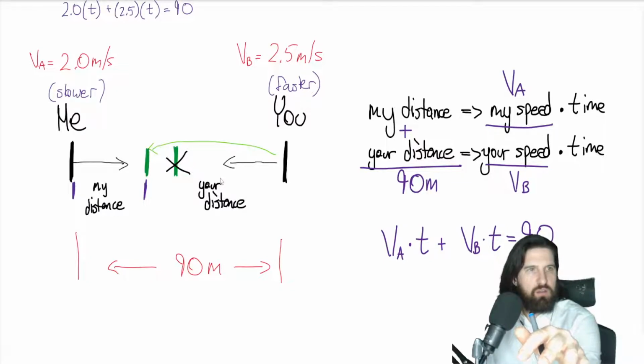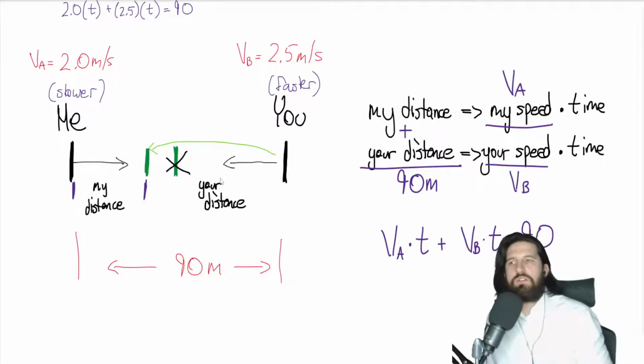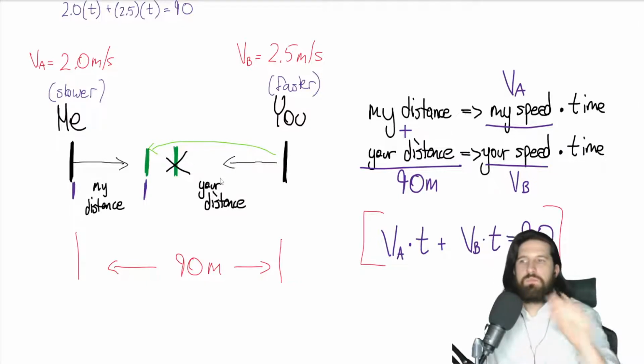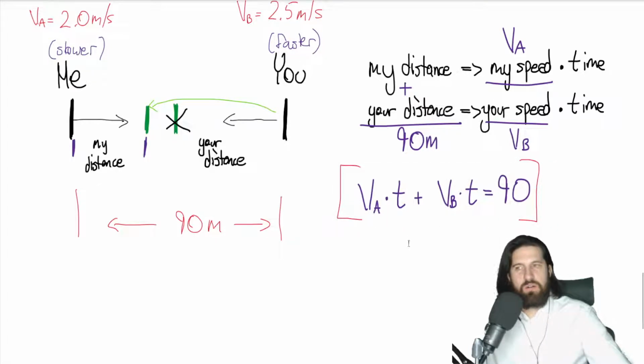Yeah, my distance plus your distance needs to be 90 meters. Beautiful. So are you comfortable with where I get this equation from? Yeah, it's my velocity and yours. Well, it's not just my velocity. It's my velocity times the time that I was traveling.